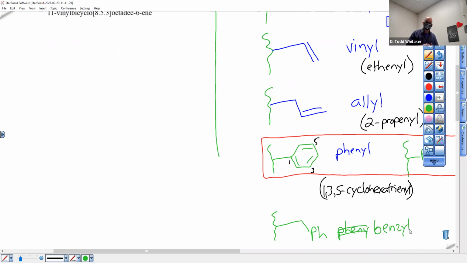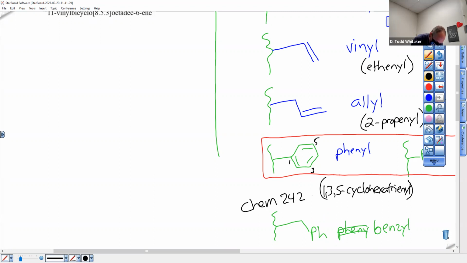And since it came up, I like to, if you're going to learn this in the future, which you must, vinyl is to allyl as phenyl is to benzyl. This is Chem 242, once again, not showing up on a test.